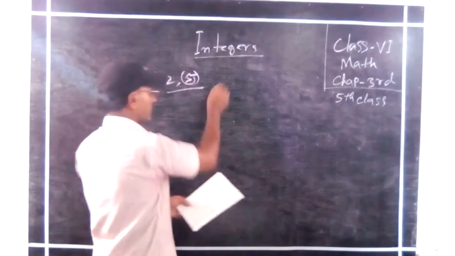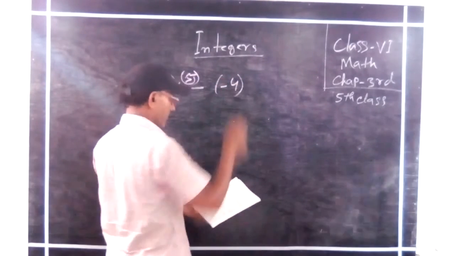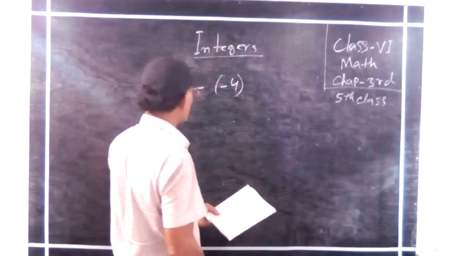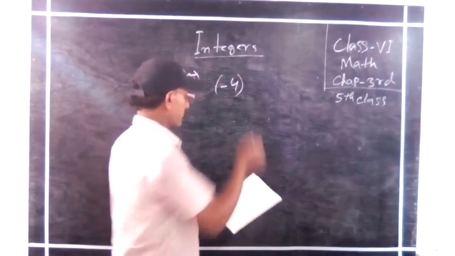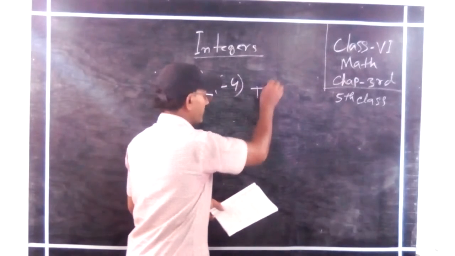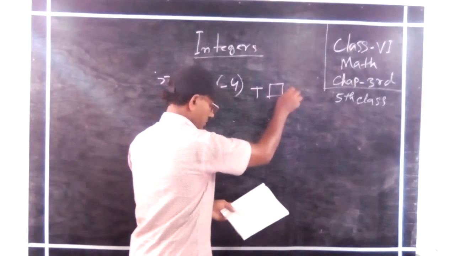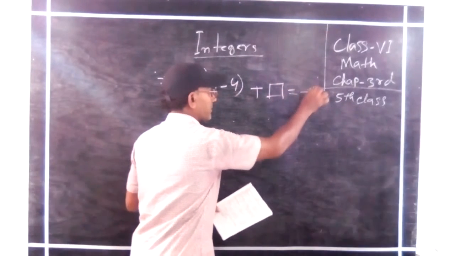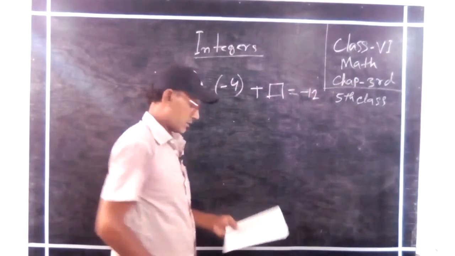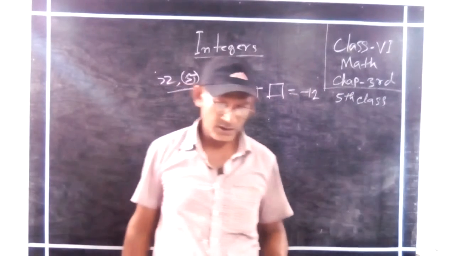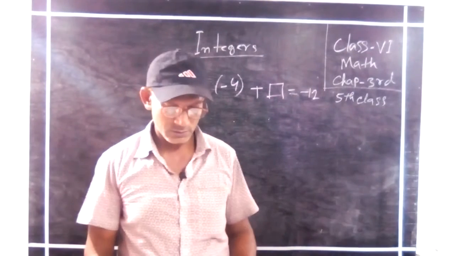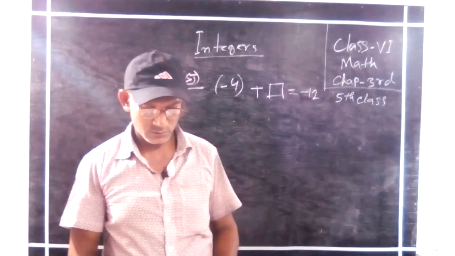Attention please. Minus 4 all to the bracket plus empty cell equal to minus 12.